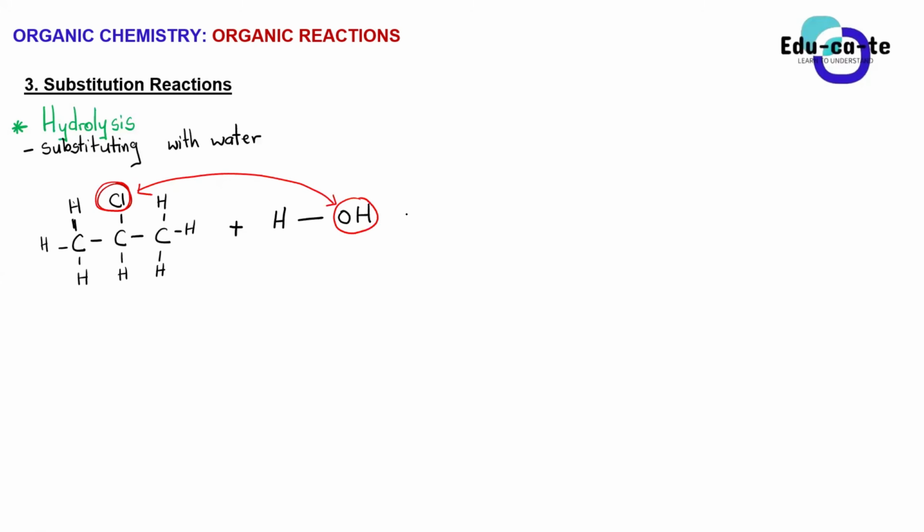And the resultant thing that I expect here, I expect to have H, C, H, H. And then here, instead of having a Cl, I'm now going to put a what? An OH. I'm going to put an OH instead of putting a Cl, because remember that I've exchanged their position.